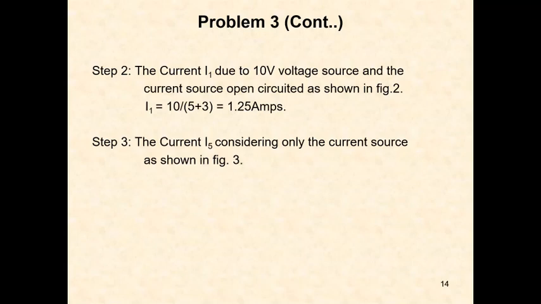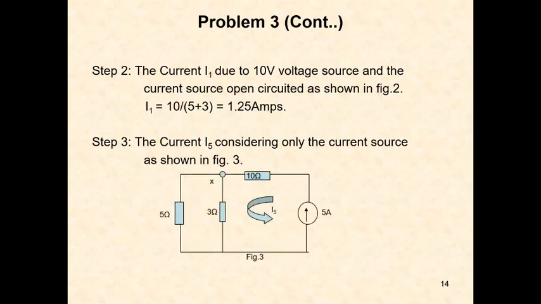Then step 3 is the current I5 considering only the current source, as shown in figure 3. By short circuiting the voltage source and considering only the 5 amps current source, we have to calculate the current through the 3 ohm resistor.